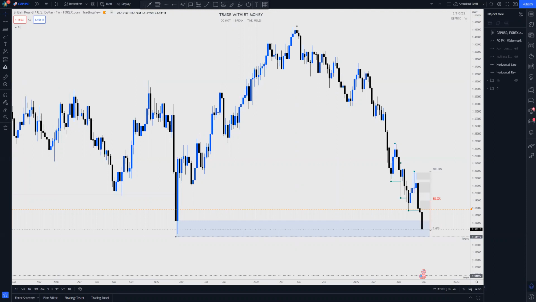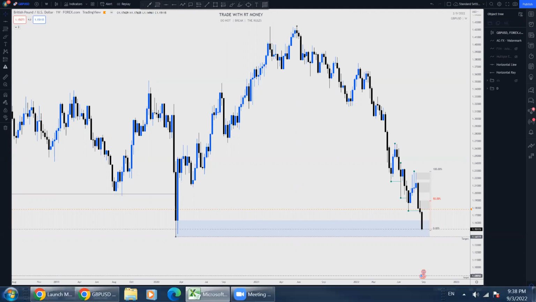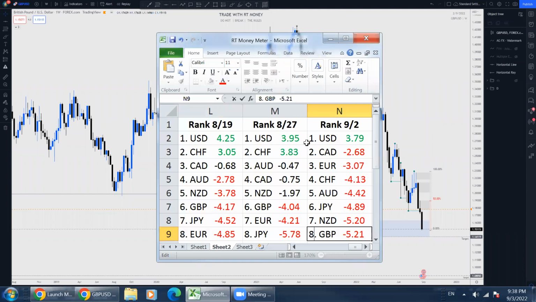We're going to take a look at the pound US dollar. We might as well just jump right into it, right? Let's look at the RT money meter and see how the rankings have the US dollar. The US dollar is ranked number one again. It has been and continues to be the strongest of the currencies, ranked at number one at 3.79.